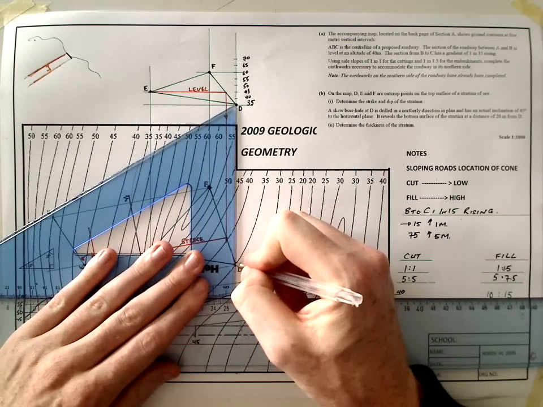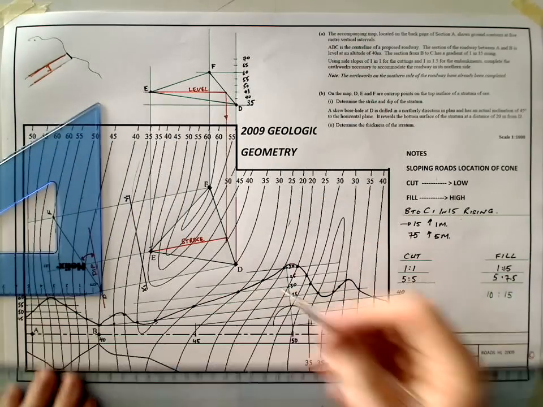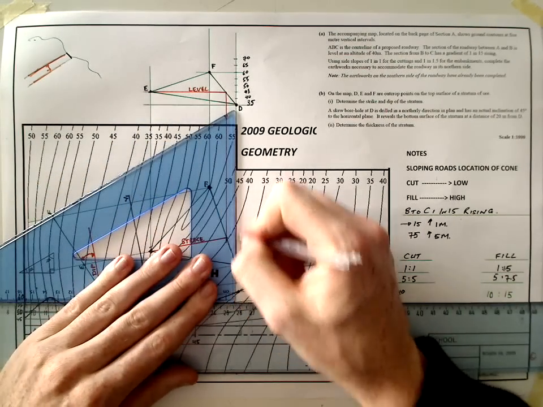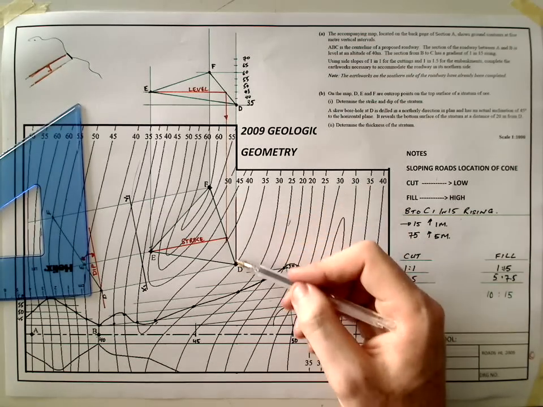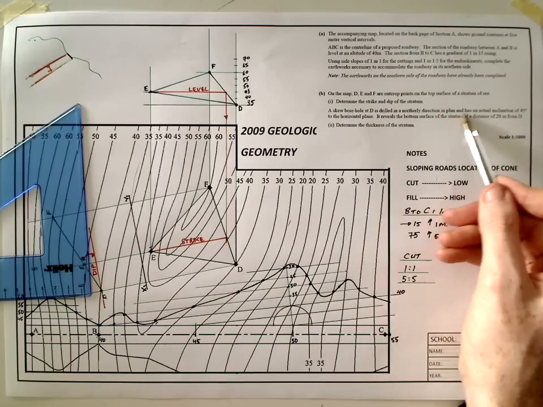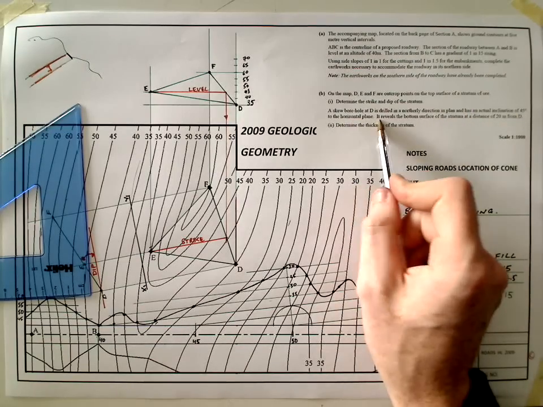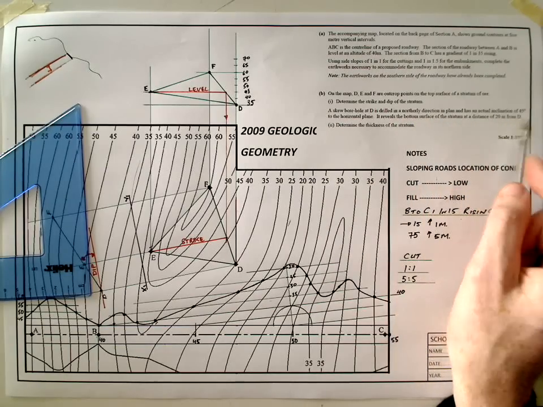This red line here is the plan view of a borehole being drilled in plan in a north direction. Somewhere along that borehole I'm drilling down through, and it has an actual inclination of 45 degrees to the horizontal plane. It reveals the bottom surface of the stratum at a distance of 20 meters from D.